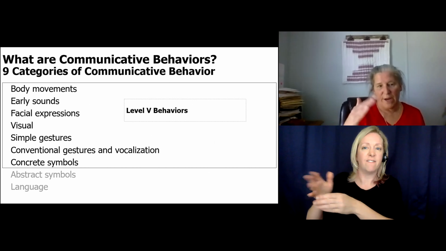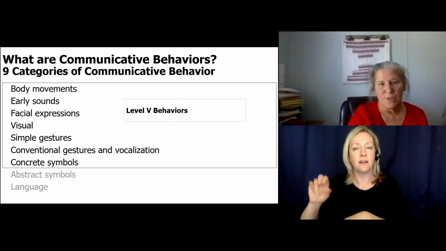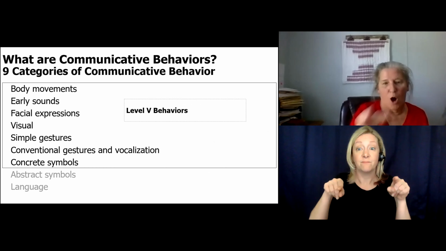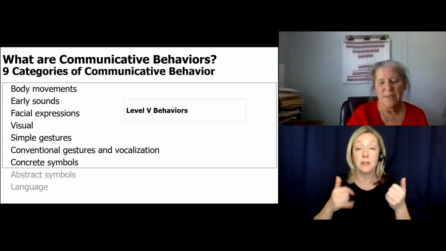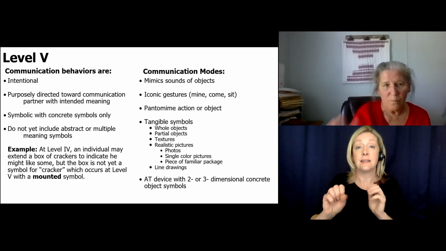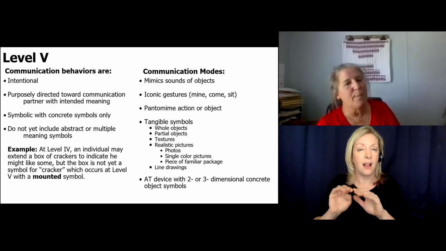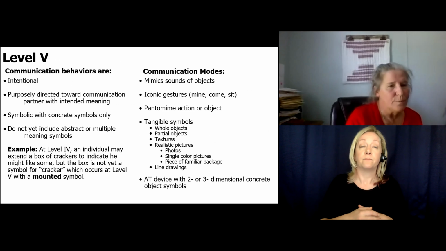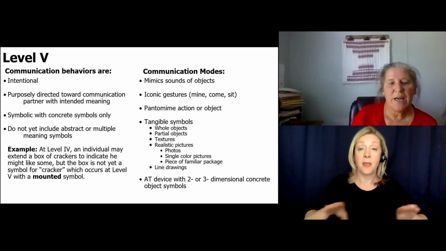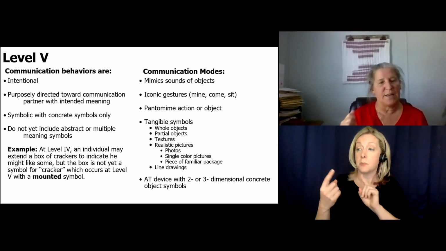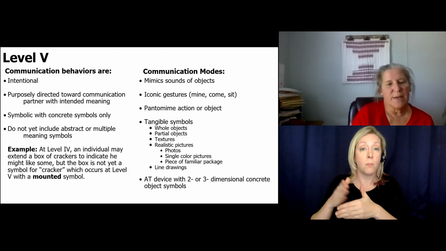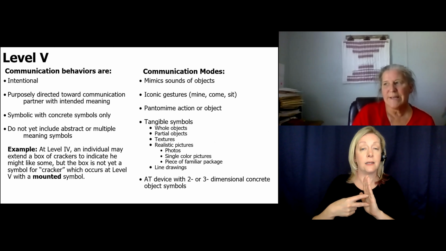So now we're getting into all those gestures, and we're still using all of those behaviors, but we're adding in those concrete symbols now at level 5. And remember, those behaviors are intentional, and they're purposefully directed towards that partner with the intended meaning. And they're symbolic with concrete symbols only.